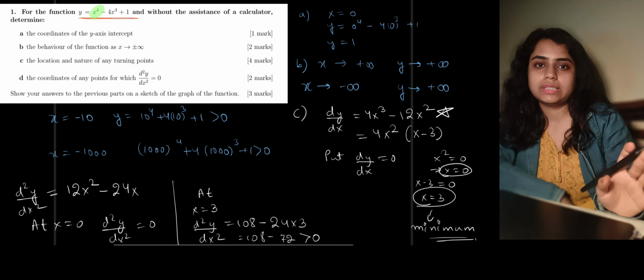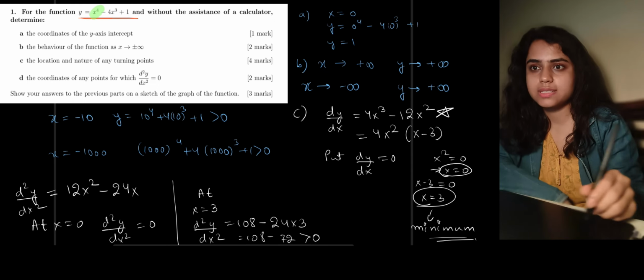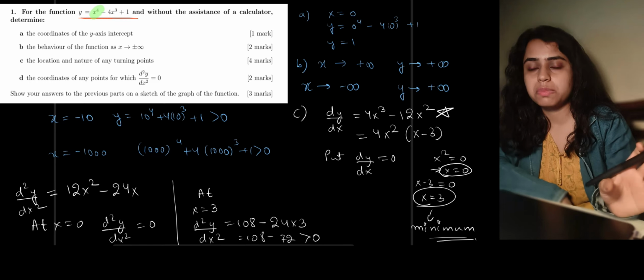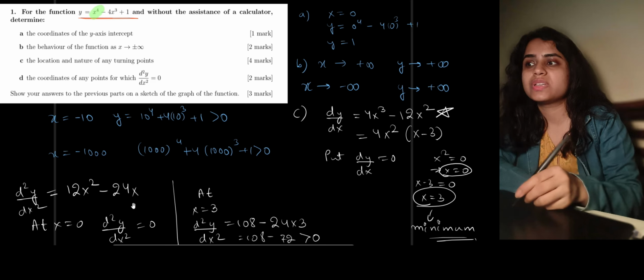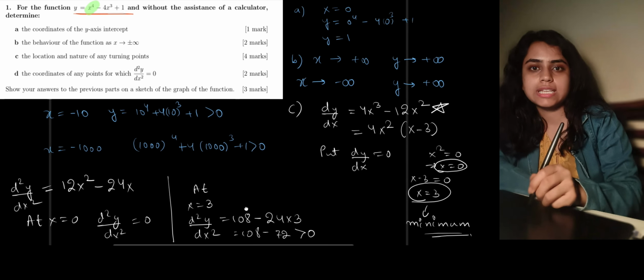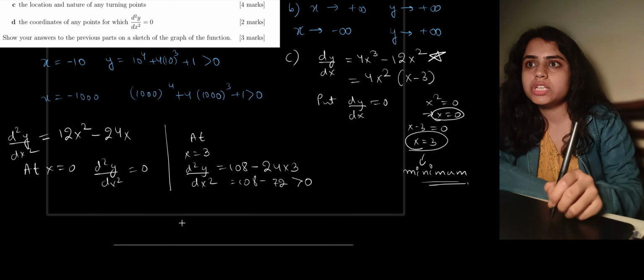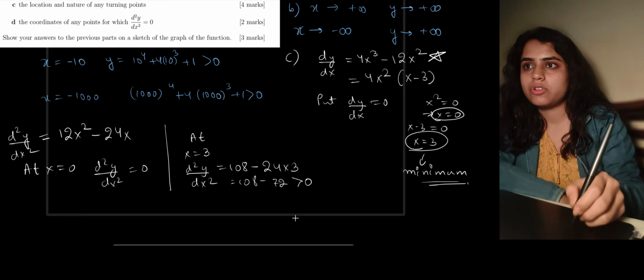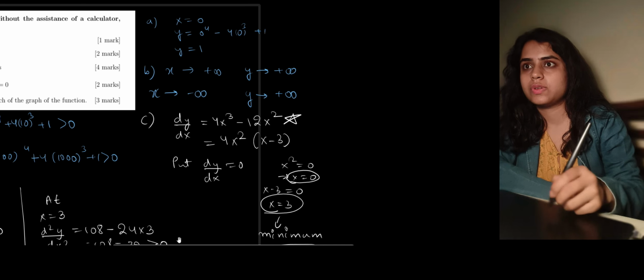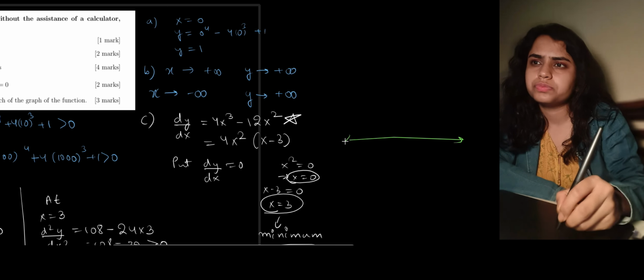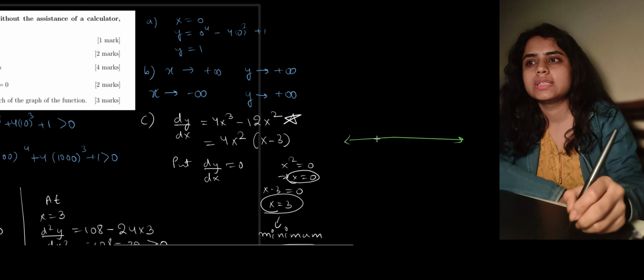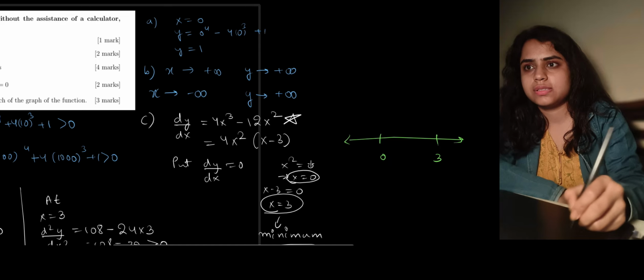We have sorted x is equal to 3 as the point of minimum, but x is equal to 0 is left. We can't determine it from the second derivative, so we need to do the sign test from the first derivative. Let's quickly do that. On the number line we have 0 and 3.